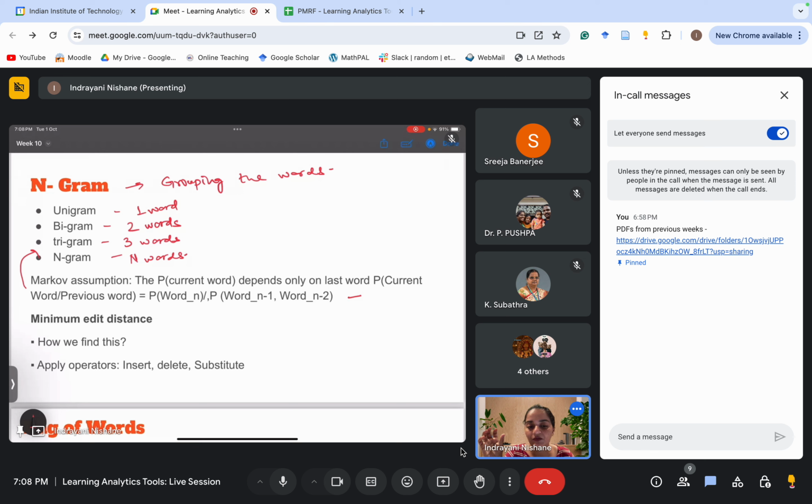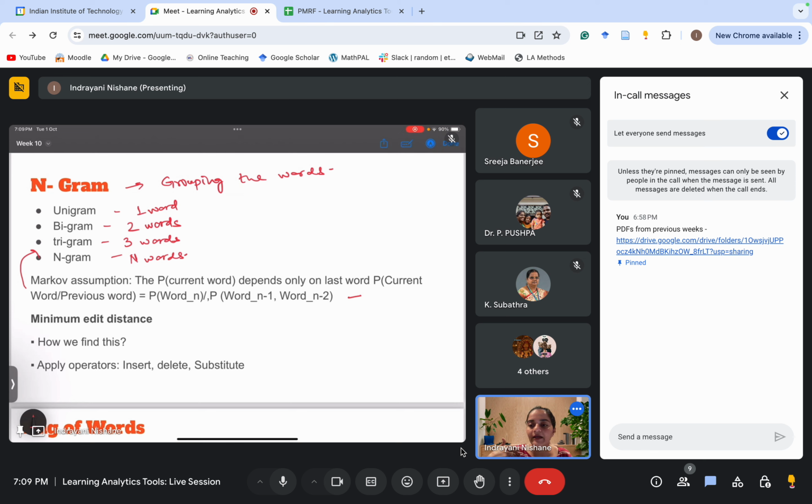The computer speaks the language of mathematics, so it will convert the entire natural language paragraph or chapters, or whatever text it has, into a probability. It will interpret that these two or three sets of words will always occur together. So if one word occurs, these two words are also bound to occur after that particular word. That's why we have to understand this concept of n-gram.